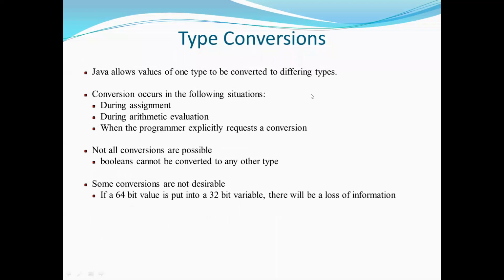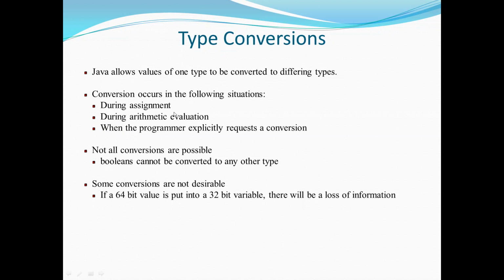This term is called type conversion. When we perform any arithmetic operation, type conversion or typecasting happens. Java allows values of one type to be converted to a different type, and this conversion occurs in the following situations. One, when we perform an assignment. Second, when we perform arithmetic evaluation.